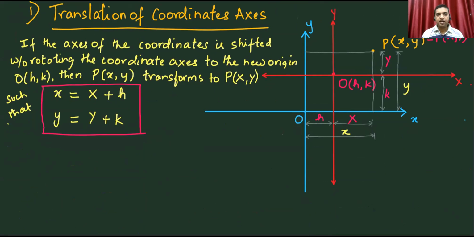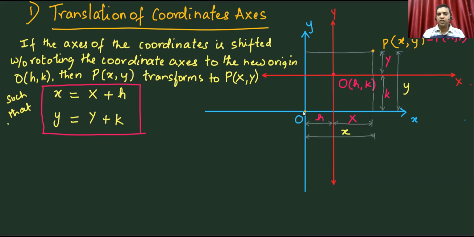I'll once again explain. P is a fixed point in a plane. Now we can choose the origin according to this blue origin here, the blue O, with the original x-axis and y-axis in blue.